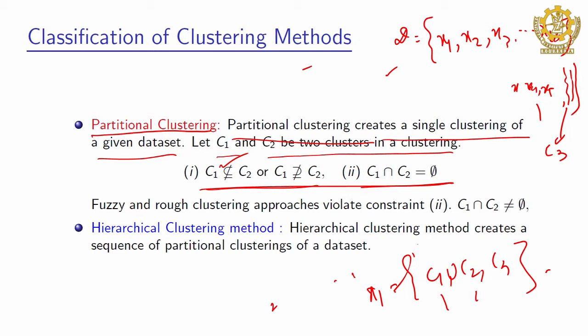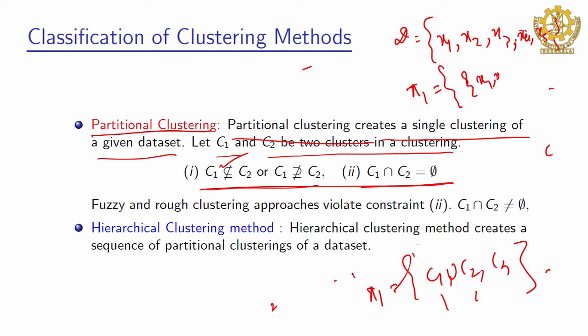Let us make a simpler example: x 1, x 2, x 3, x 4 and x 5. Now I get a partition pi 1. The first cluster is x 1, x 5 and x 4 and the second cluster is x 2 and x 4. So, this is a clustering.